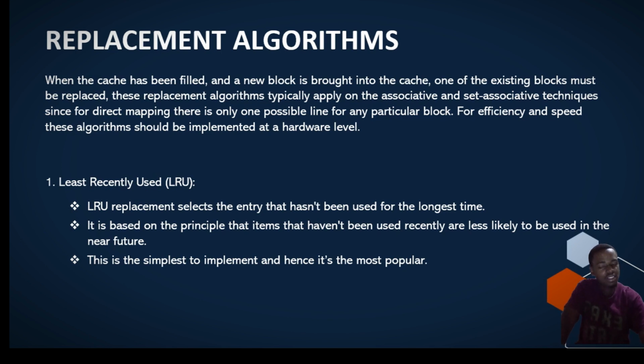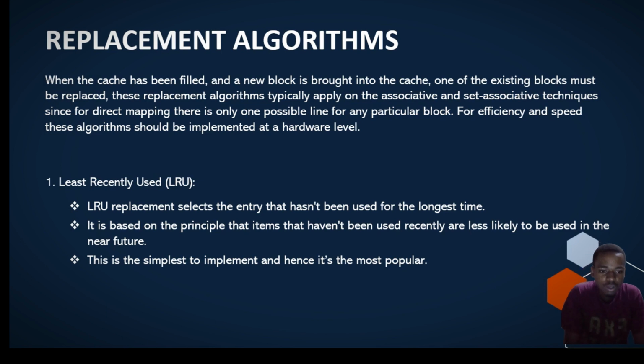But you should note that this doesn't work on direct mapping. It only works on set associative and associative, since direct mapping only has one possible line for any particular block. And also for efficiency and speed, this algorithm should be implemented at a hardware level.